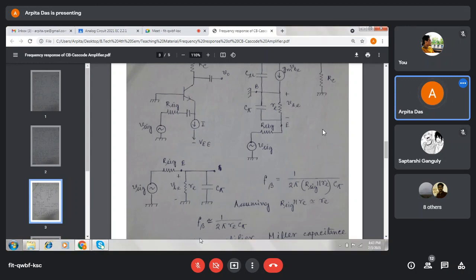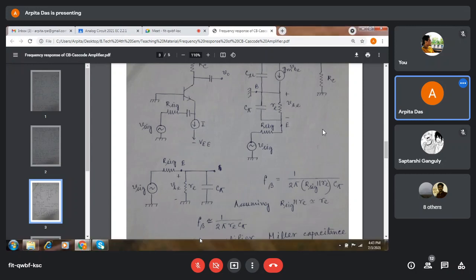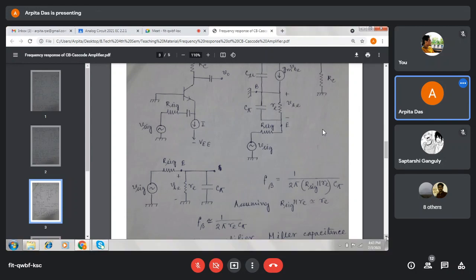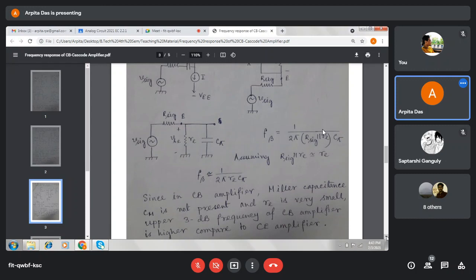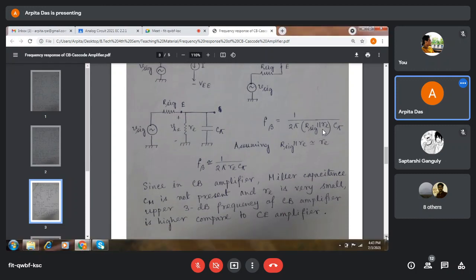So this is the major advantage of the CB stage amplifier, that it acts as a wideband amplifier. It provides you high frequency bandwidth. Due to the configuration, the Miller capacitance does not appear. So this is the beauty of the CB amplifier, which will provide you higher bandwidth, higher voltage gain.